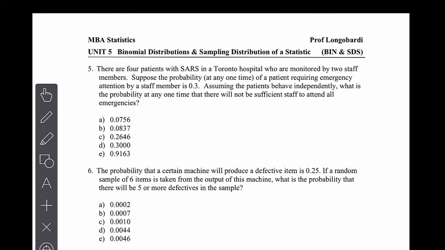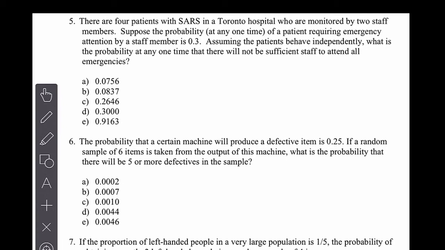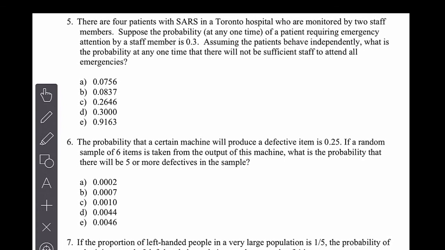Okay, we have a SARS problem. This is probably the most challenging one, but once you see it, hopefully you can replicate it. There are 4 patients with SARS in a Toronto hospital who are monitored by 2 staff members.